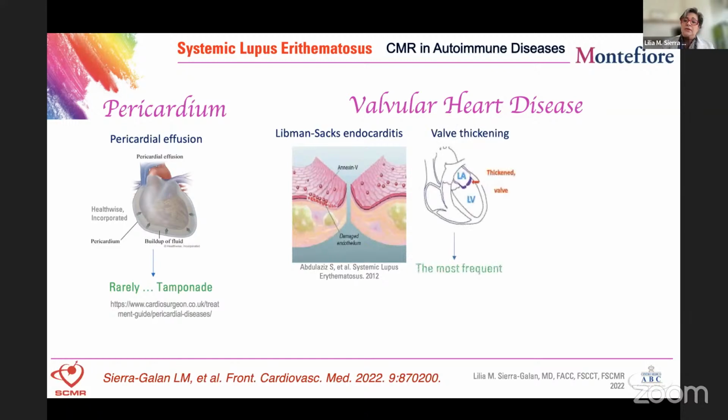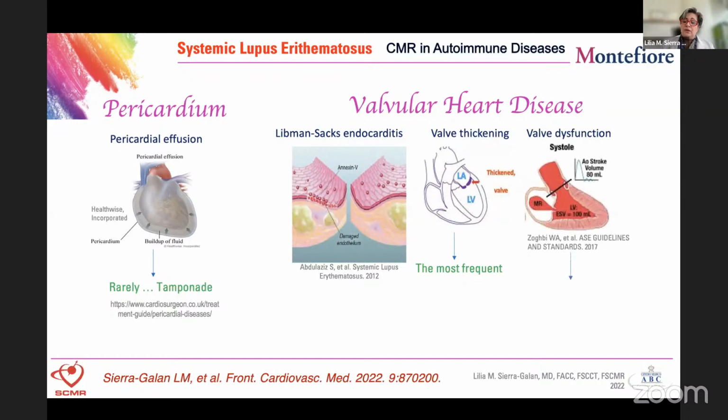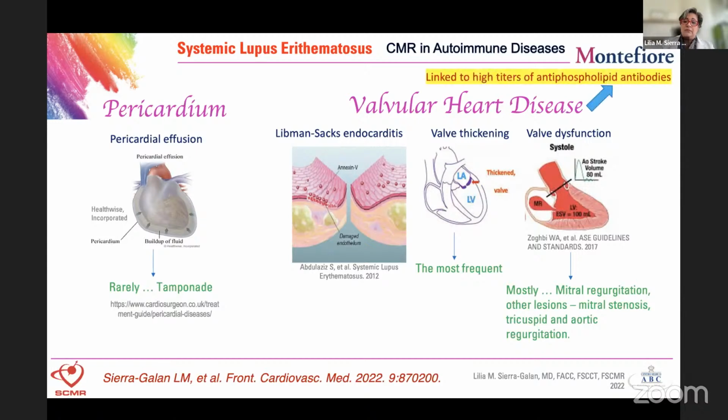And not only the Libman-Sacks endocarditis, but also valve thickening, which is the most frequent abnormality, more frequent than Libman-Sacks endocarditis. And then the other forms of valve dysfunction, where the most frequent one is mitral regurgitation. It could also be mitral stenosis, tricuspid, and aortic regurgitation. So we have to have those in mind.